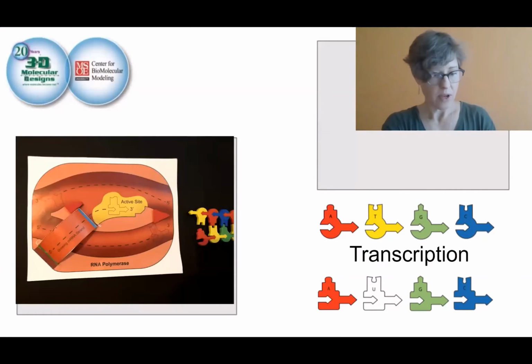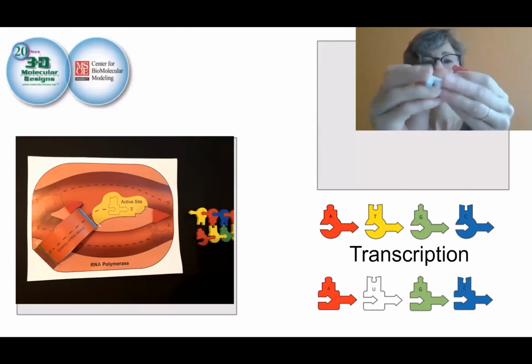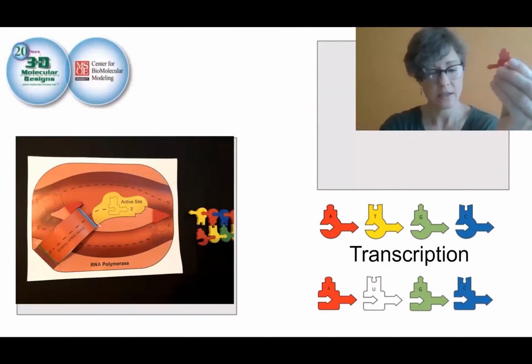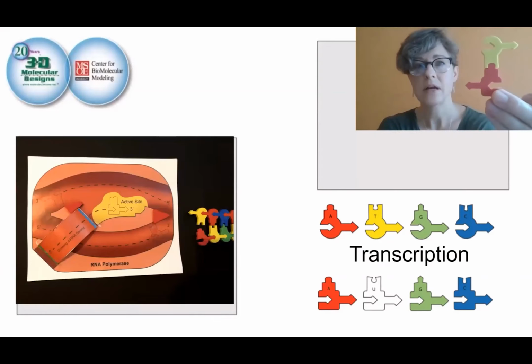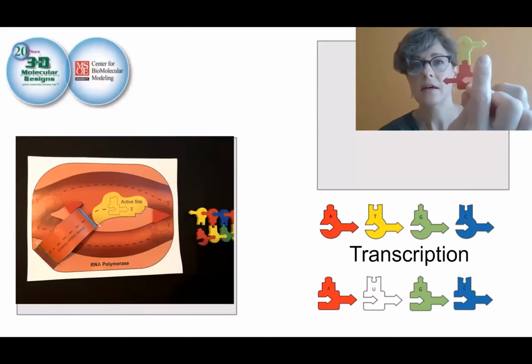Same thing goes with the RNA nucleotides. So our DNA to RNA nucleotide, adenine to thymine. You can see right here that the hydrogen bonding region is complementary.